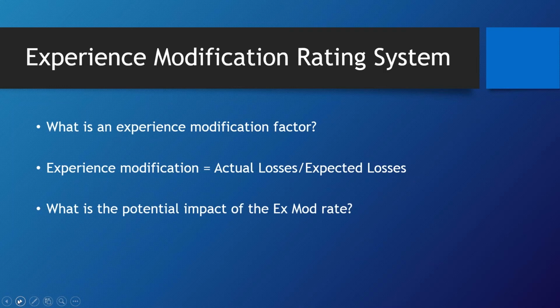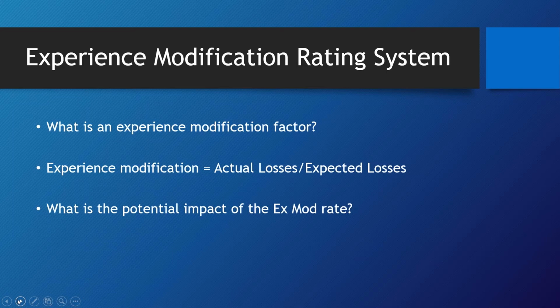So the equation is the Ex Mod, as a lot of people refer to it, equals actual losses of the insured incurred over a 3-year period of time, and then you're going to divide that by the expected losses for their industry. So same industry. Let's just say you're a clothing manufacturer.